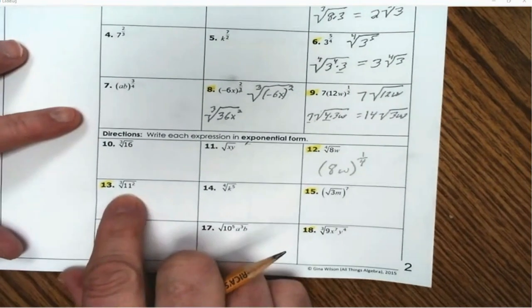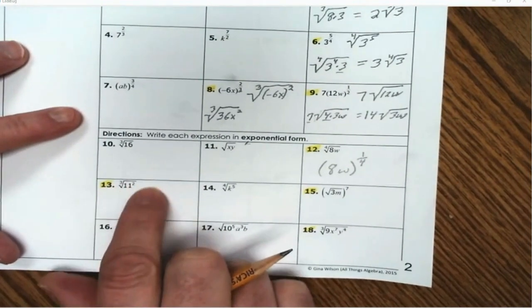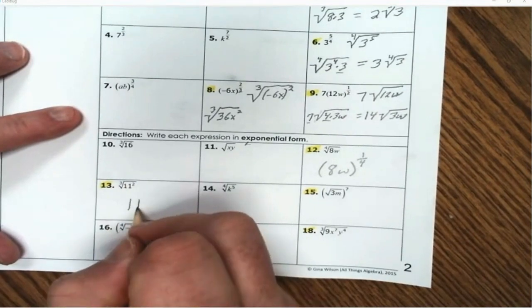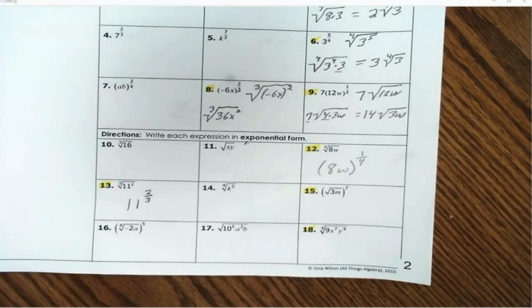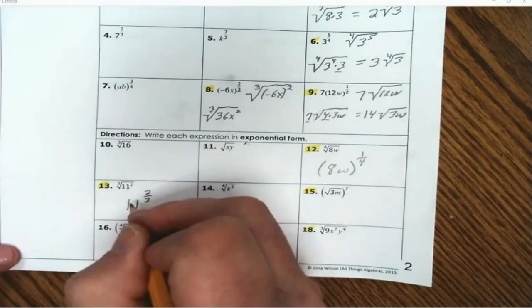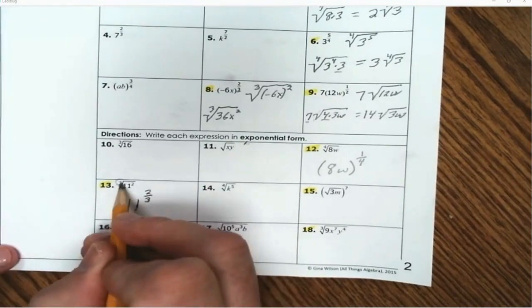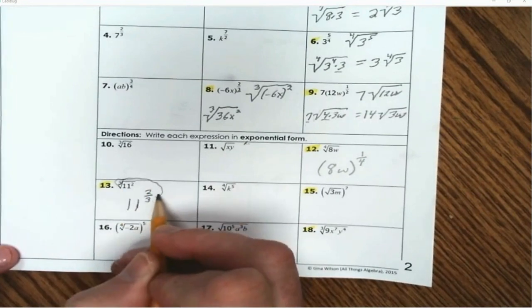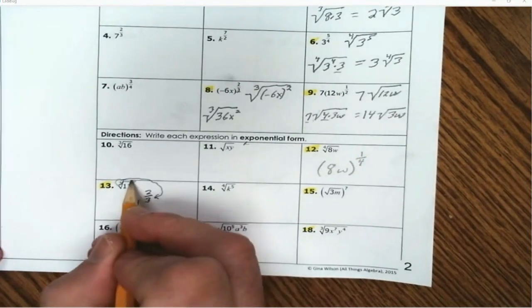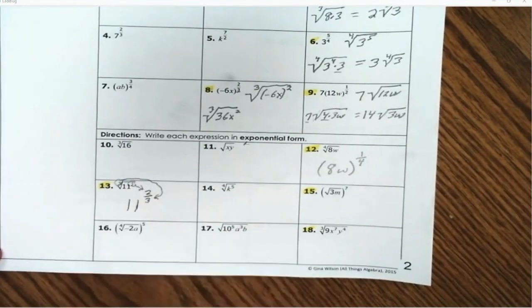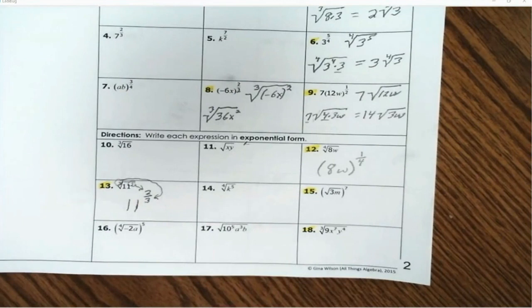How about the cubed root of 11 squared? Well, 11 squared, cube root, so 11 to the 2/3. Whatever's out here goes in the denominator. Whatever's in here goes in the numerator. 11 to the 2/3 power.